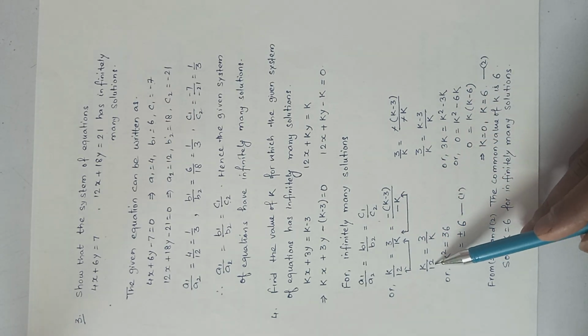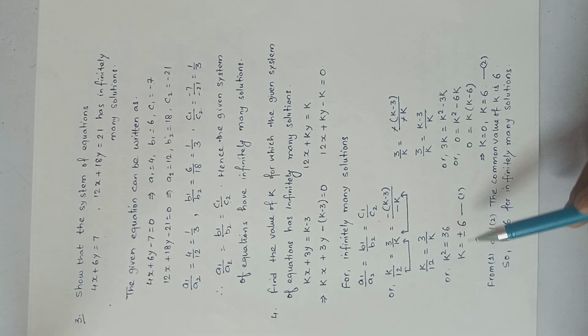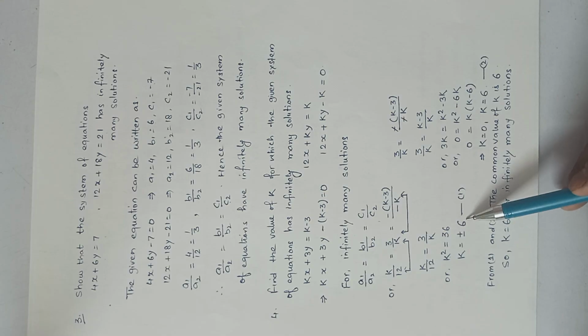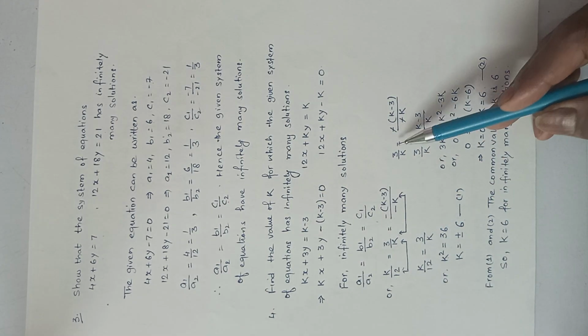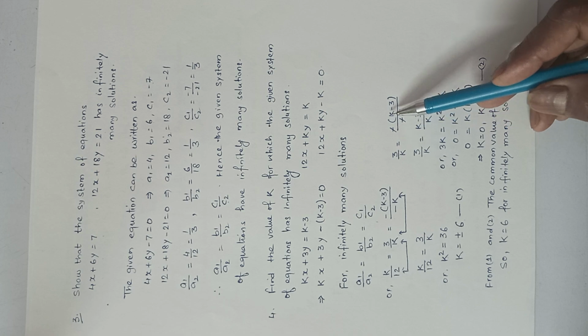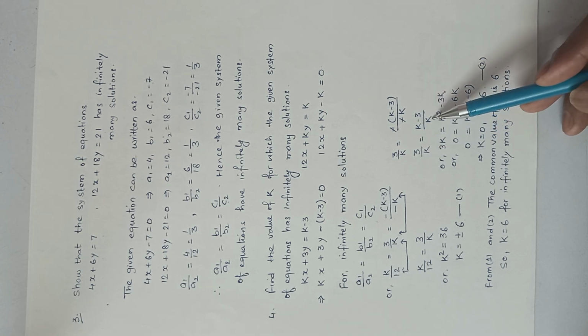On comparing a1 upon a2 with b1 upon b2, we get k square equals 36, or k equals plus minus 6. On comparing b with c, 3 by k equals minus k minus 3 upon minus k, or 3 upon k equals k minus 3 upon k.